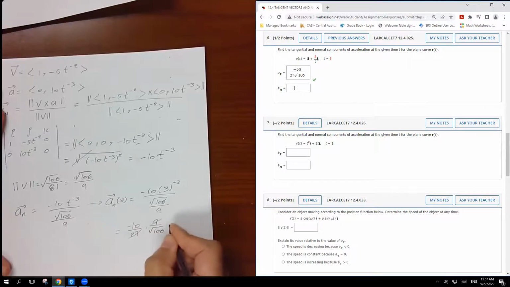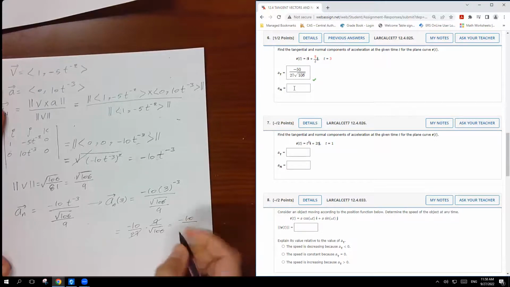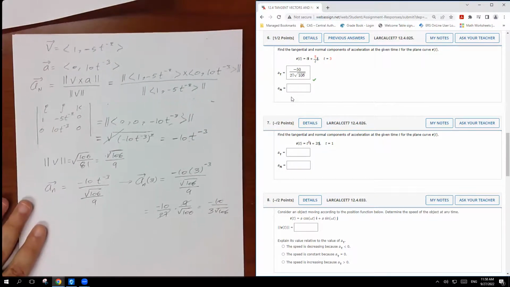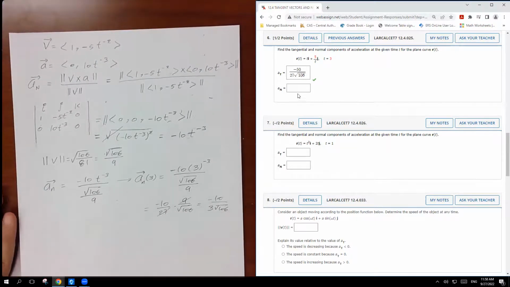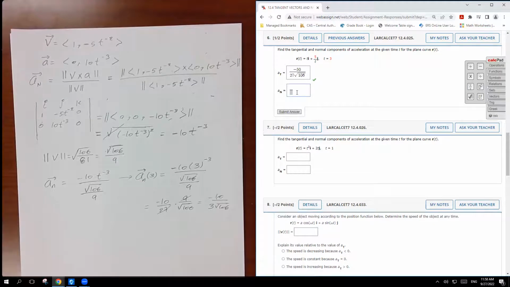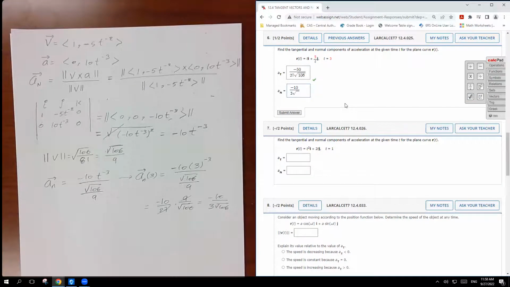This one with this one. So it's going to be negative 10 over 3 square root of 106. Let's check this one.